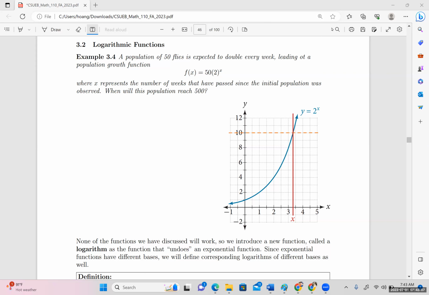And keep in mind that we try to estimate that value by the form of the exponential function.